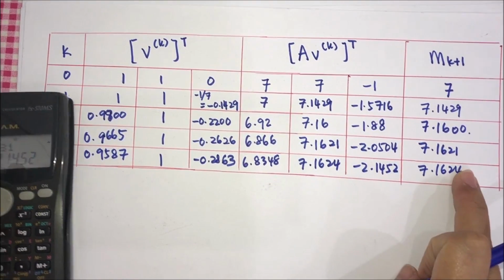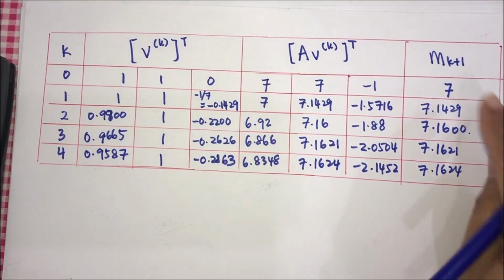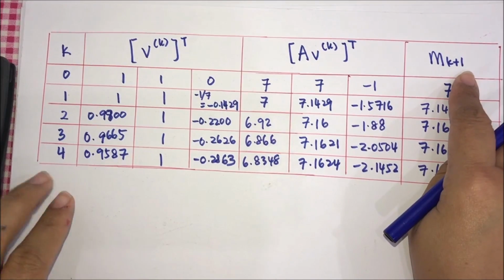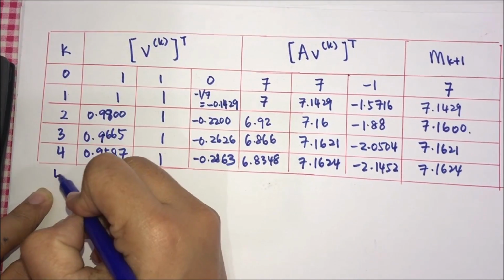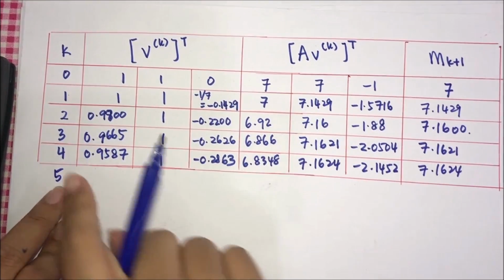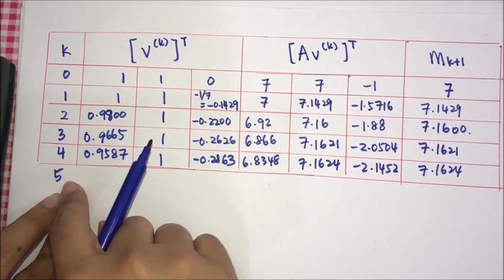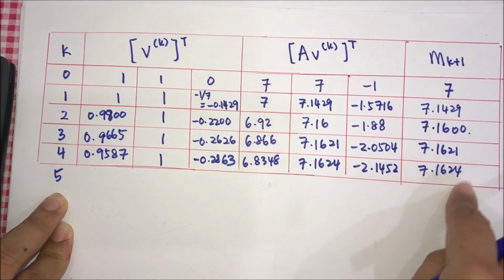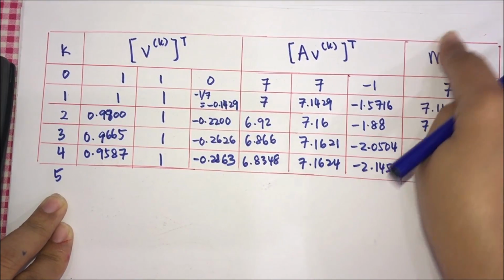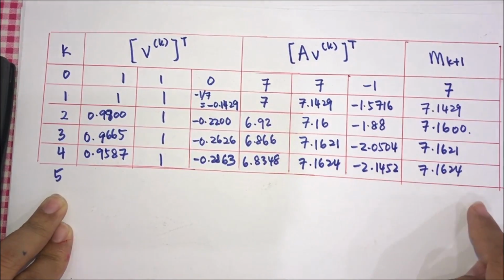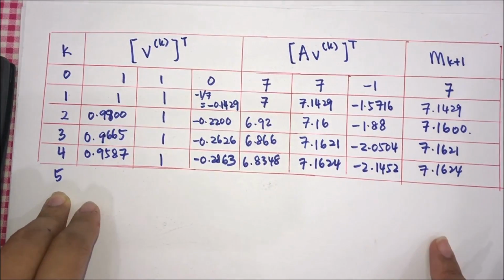So this means we can stop, but because this one is level k plus 1 and this one is level 4, we have to do another one. That means this value belongs to this eigenvector.